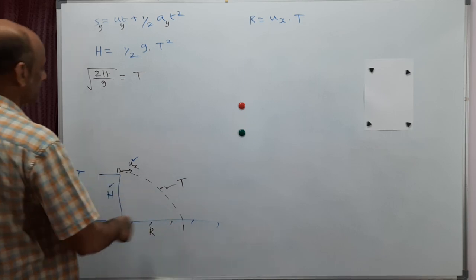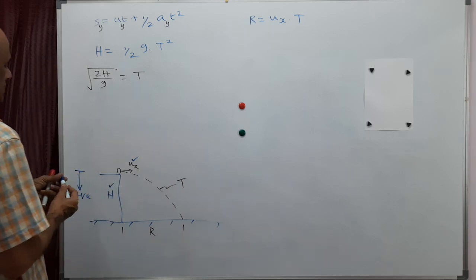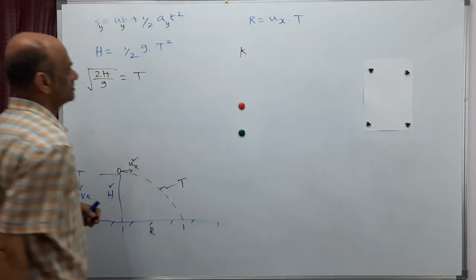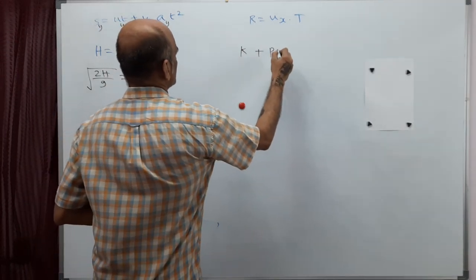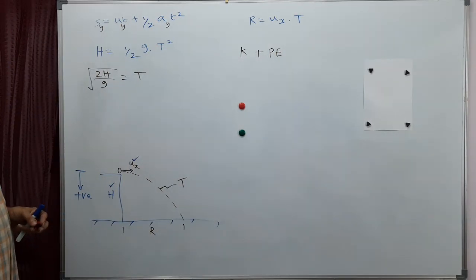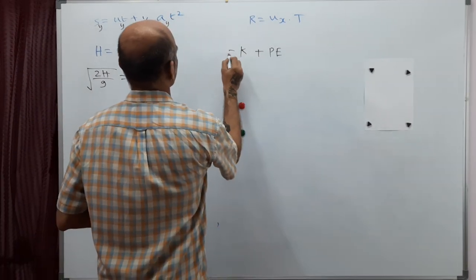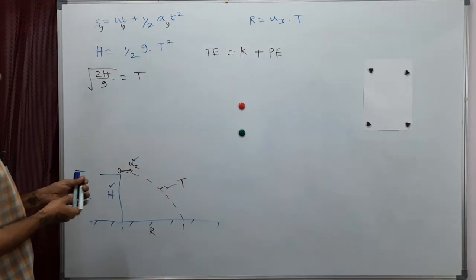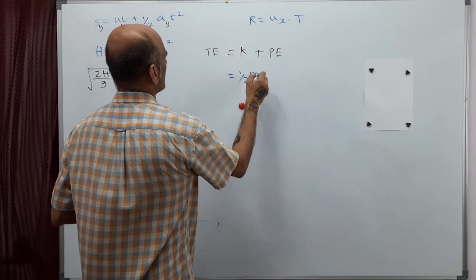This mass, when it's coming down, it has got some velocity. So it has got 2 energies. One is the kinetic energy, which is half m velocity square, plus gravitational potential energy, which is mgh. This is the total energy of this moving mass or projectile, and m is the mass.